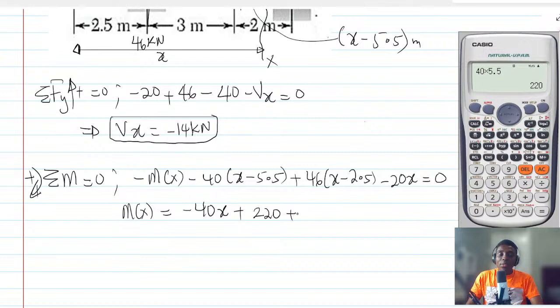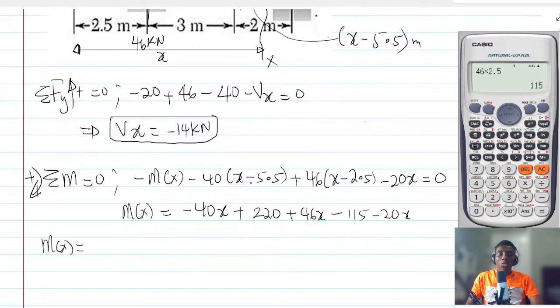So plus 46x minus 46 multiplied by 2.5, which is 115, minus 20x.